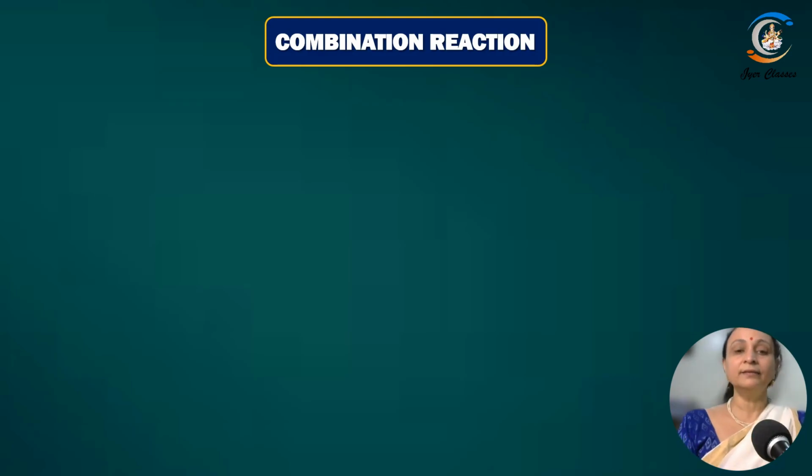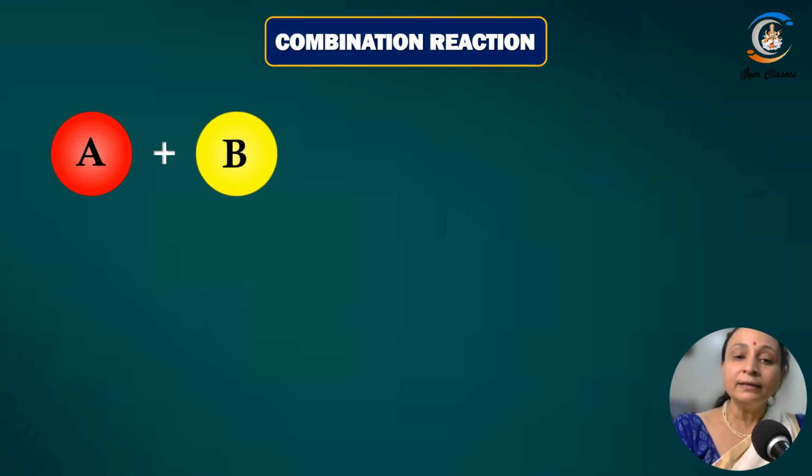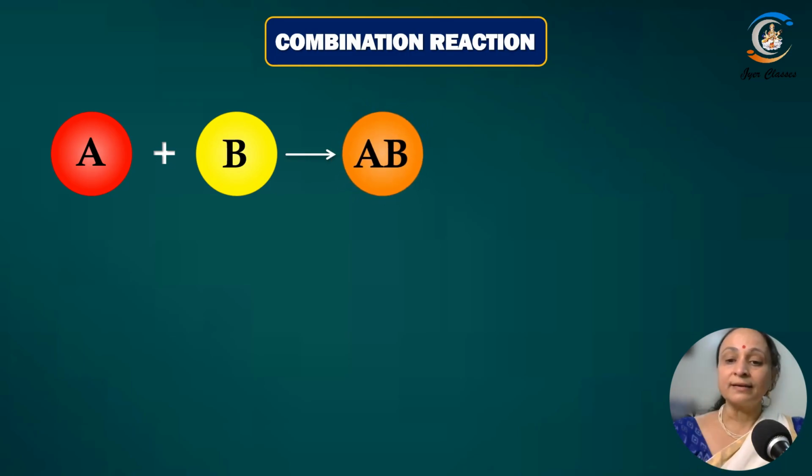What you can see here is that a combination is happening. You have combined two elements and got one single compound. A is one substance, B is another substance, and together they give you AB, one single substance. What is a combination reaction?